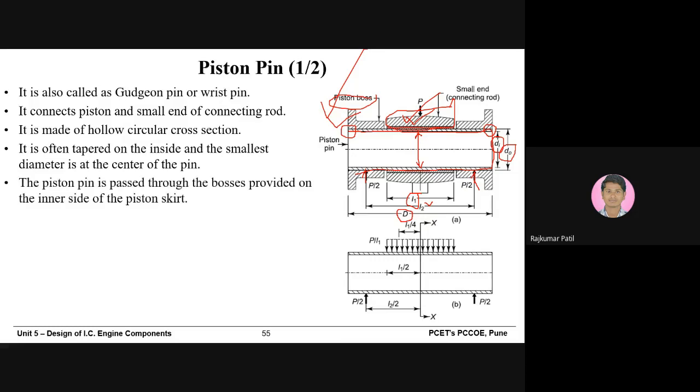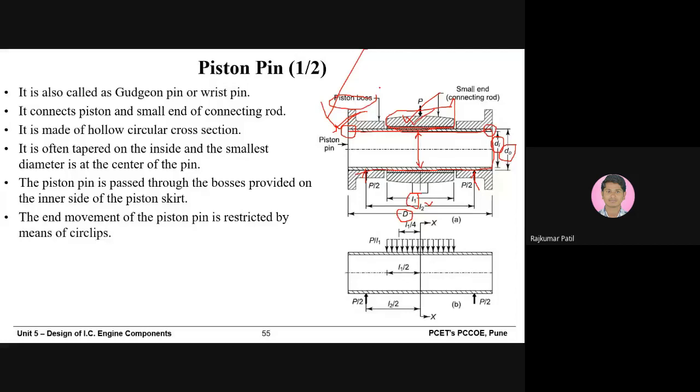The piston pin is passed through the piston boss. So you can see piston boss is there, and it is passed through the boss provided on the inner side of the piston skirt.